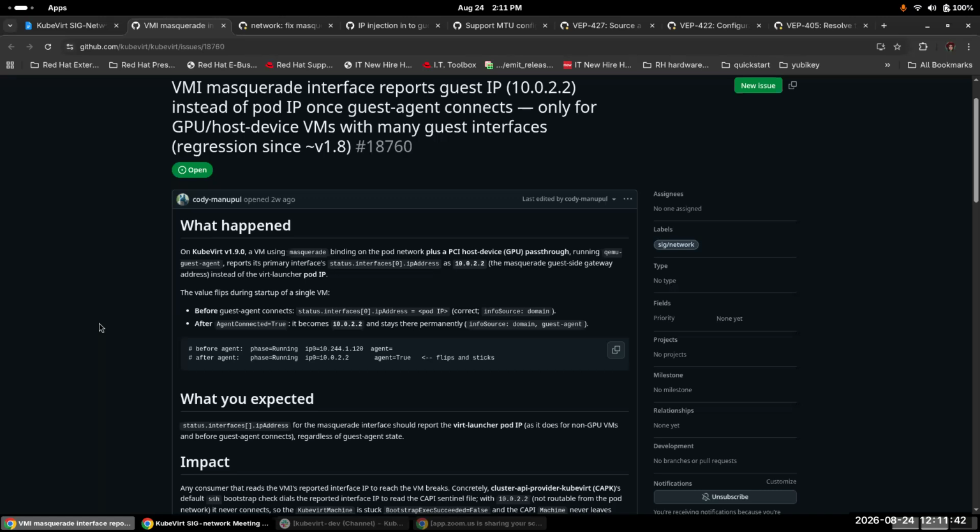That is done in the setup stage, and after that we do the status calculation. But the thing is that the setup is always happening before we do the status. If you go over how virt-handler is handling this, we first do the setup and then we do the read.